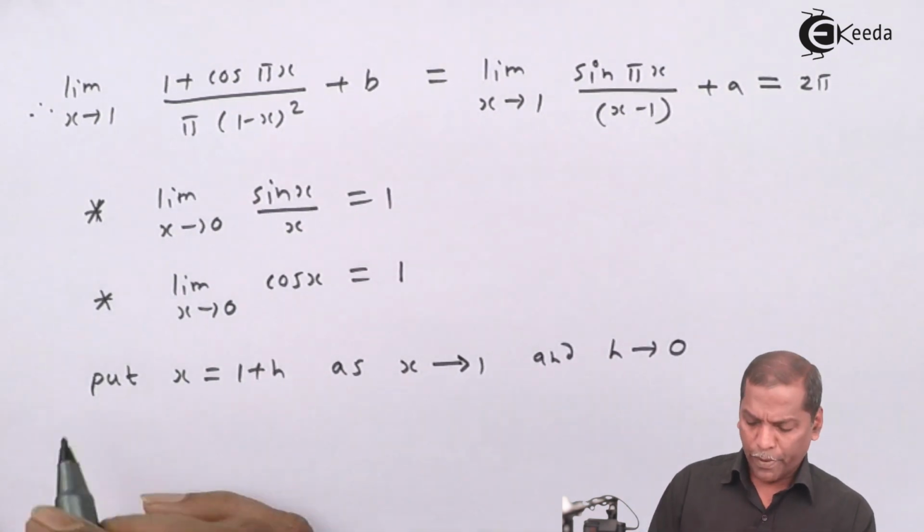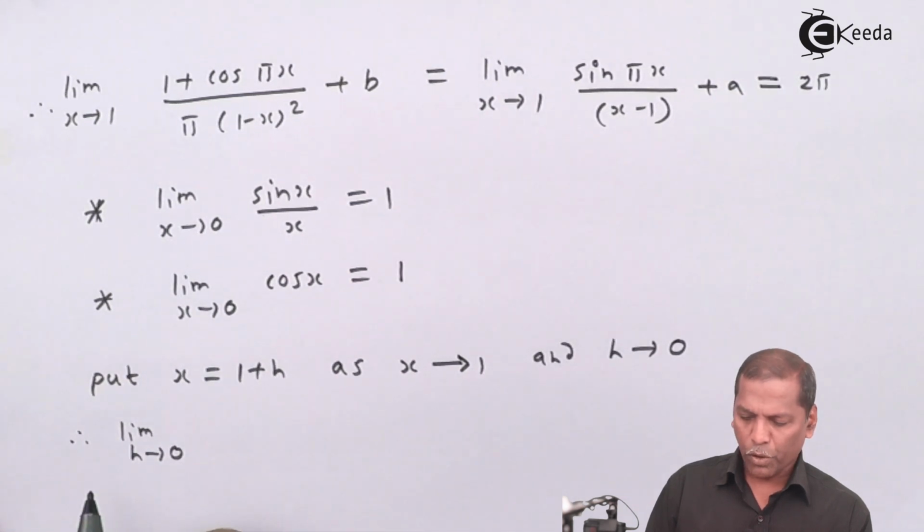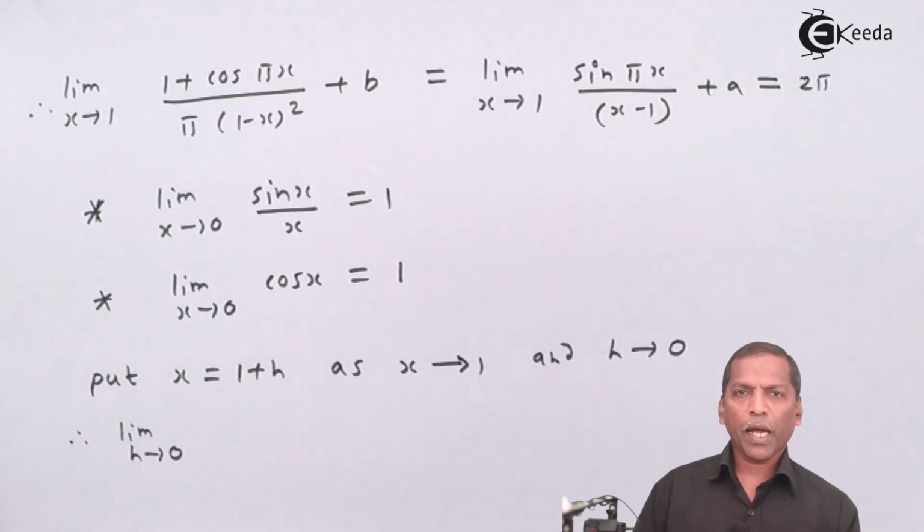Therefore, the next step will be limit h tends to 0. Now wherever there is x, we have to write 1 plus h.